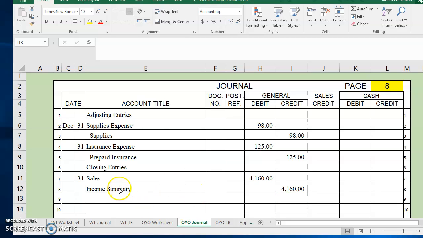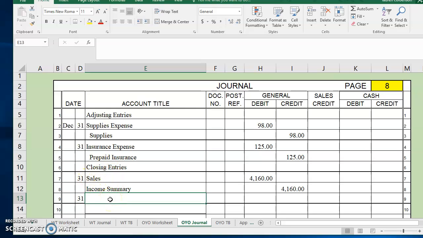Income summary is an account that we use only during closing entries. So that is a temporary account, and it's really temporary because literally we only use it for just these transactions. So now we've closed out our sales account, so we've got 1 of 4 done.